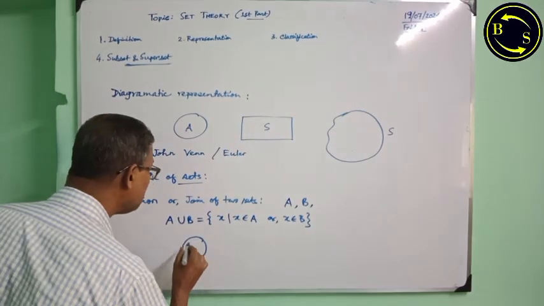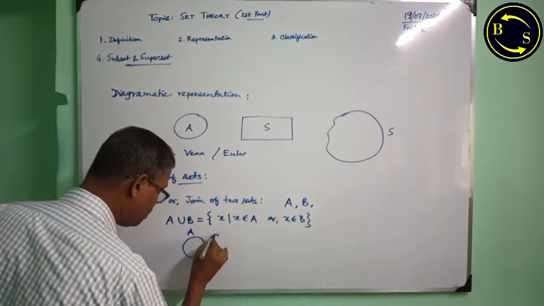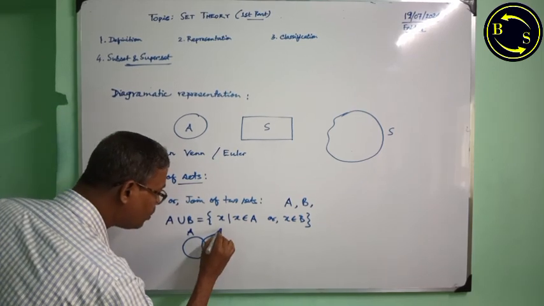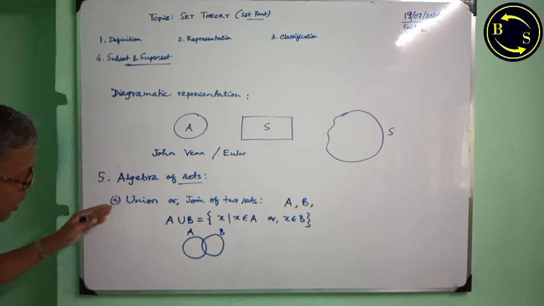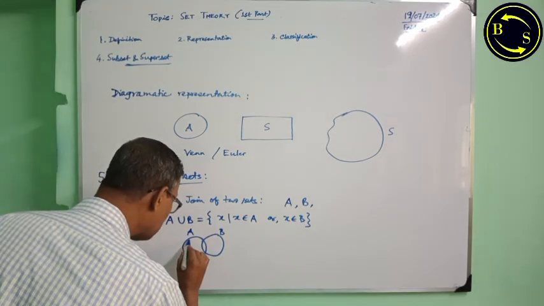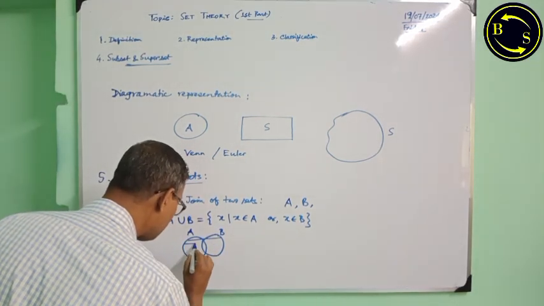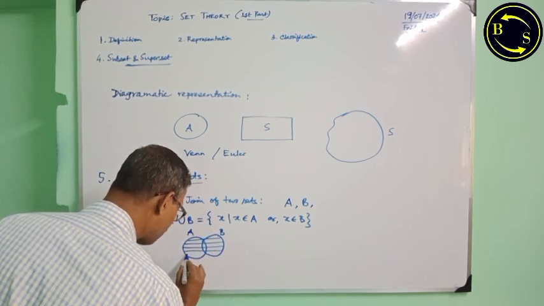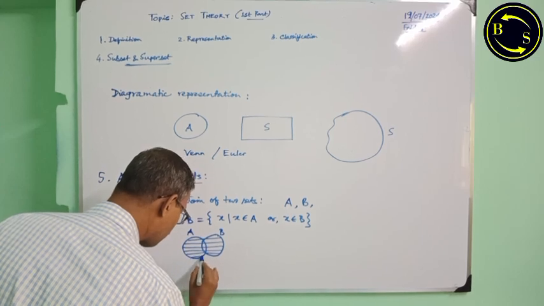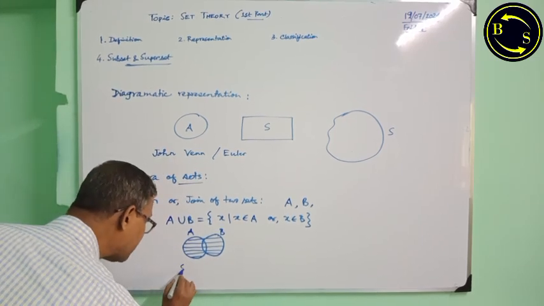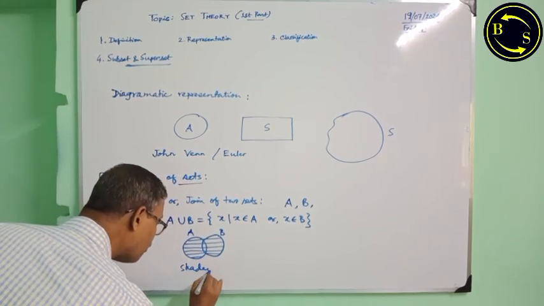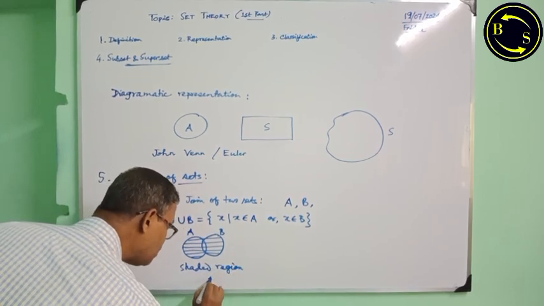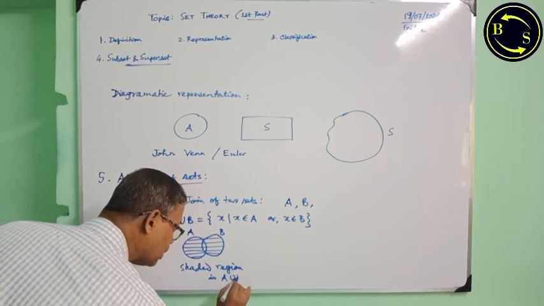If A and B are two sets, then we express the union by this diagram, where the shaded region is A union B.